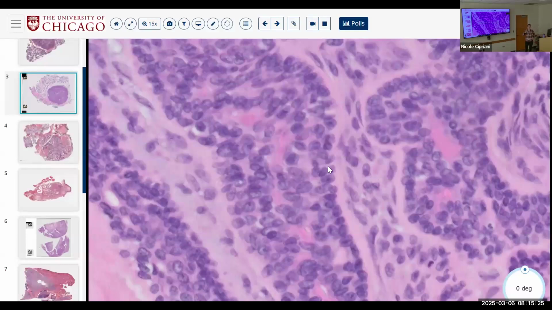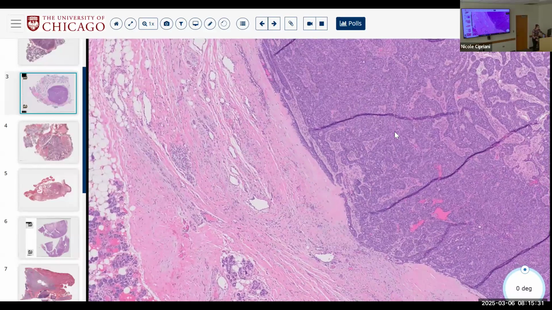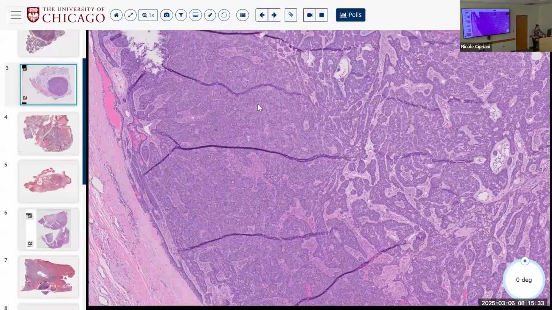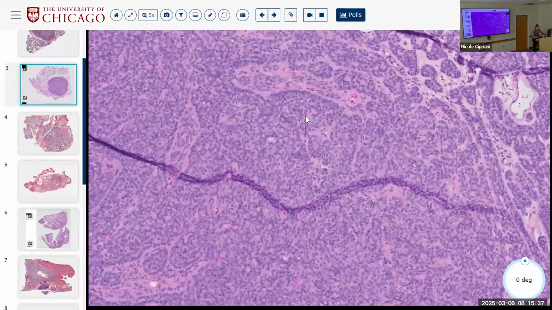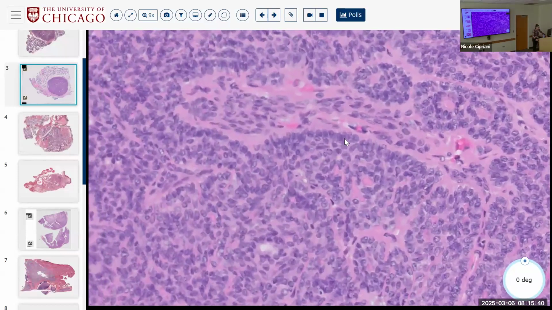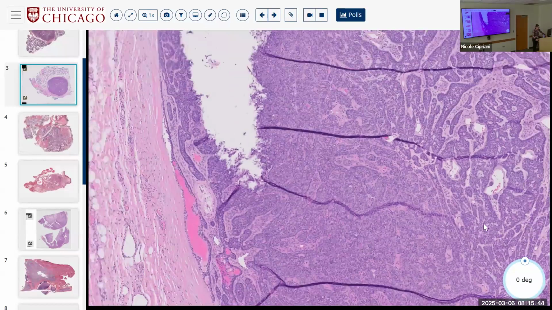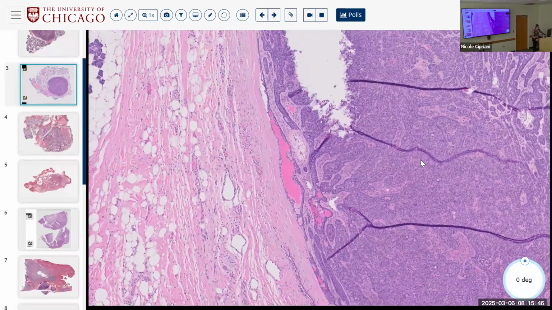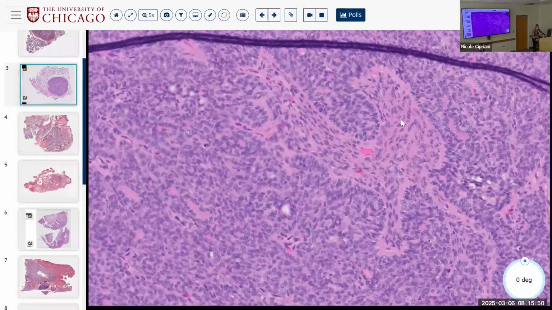So it was harder to pick them out because they look more similar. They are also arranged not only in these tubular structures, but in these larger nests. And at the periphery of these nests, we see peripheral palisading, right? So that's thing one.